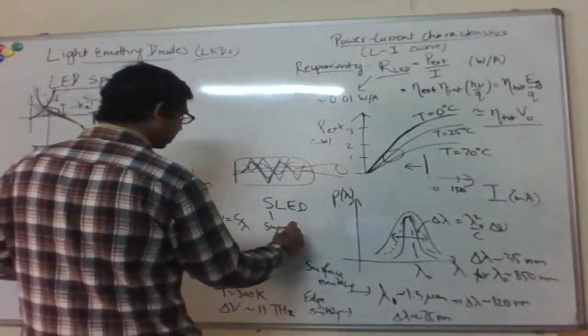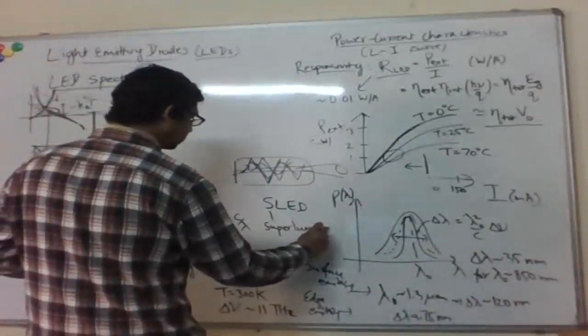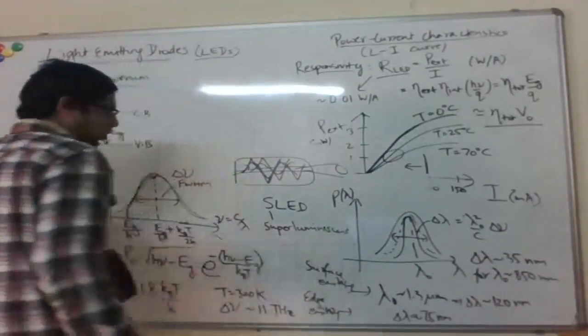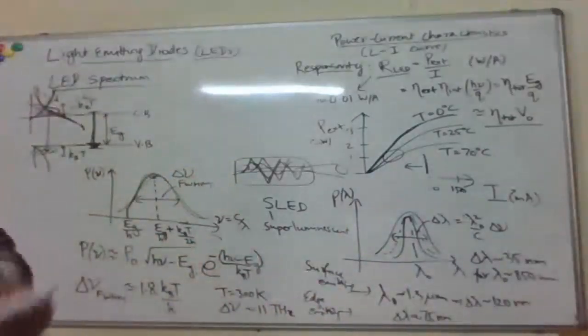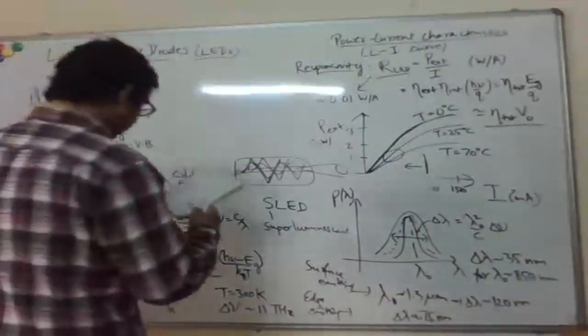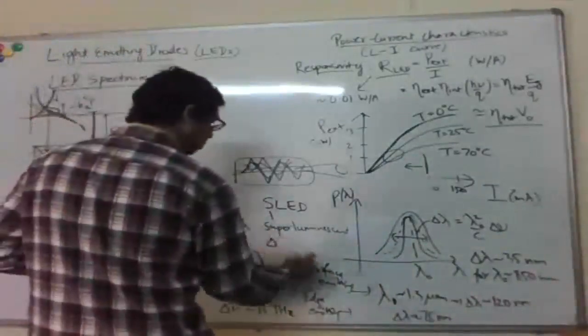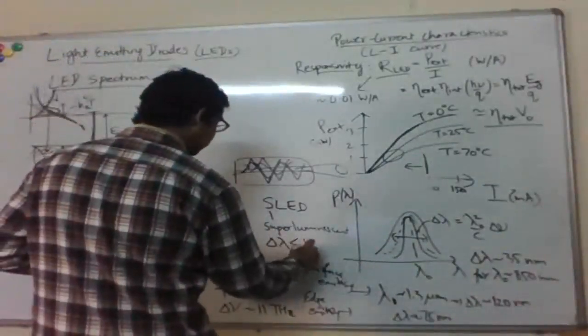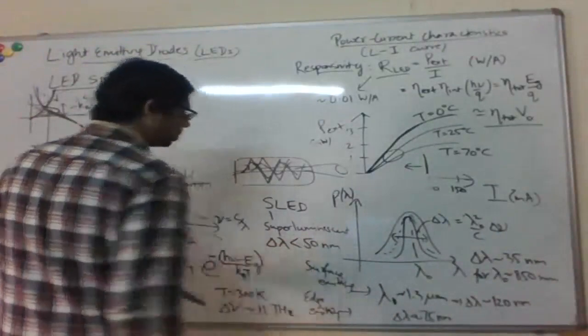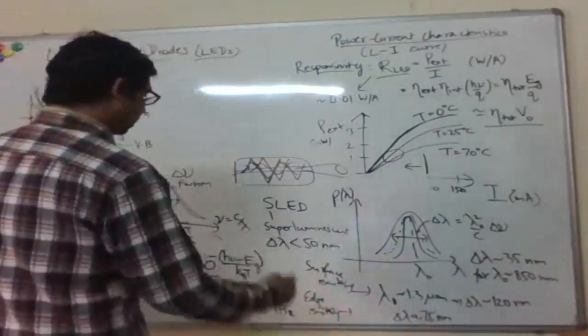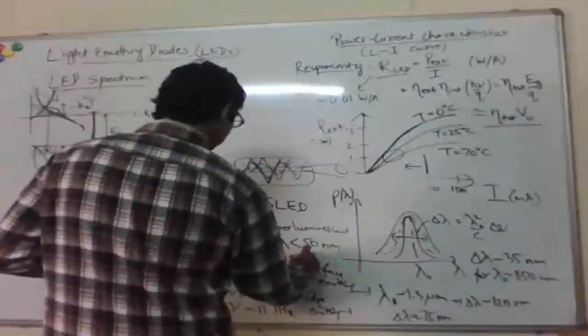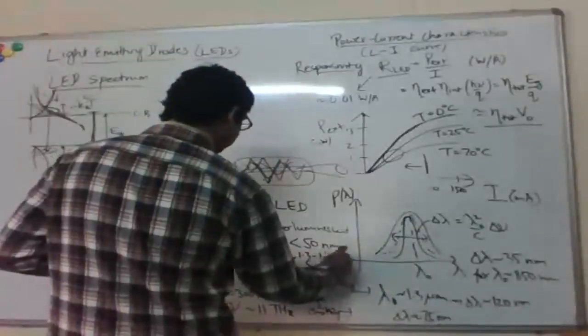S stands for superluminescent. There they can reduce the line width to typically tens of nanometers. So this is less than 50 nanometers for infrared wavelengths from 1.3 to 1.6 micron in that range.